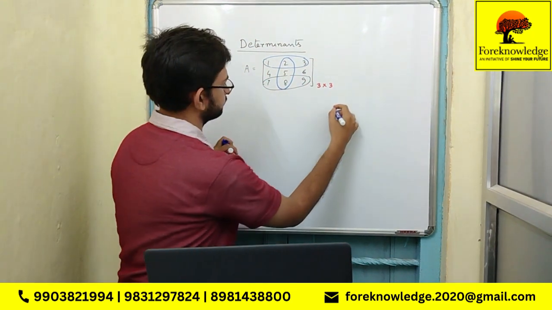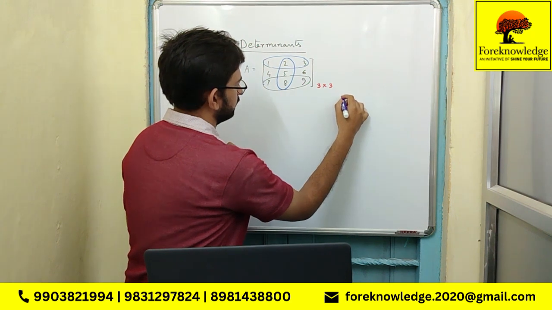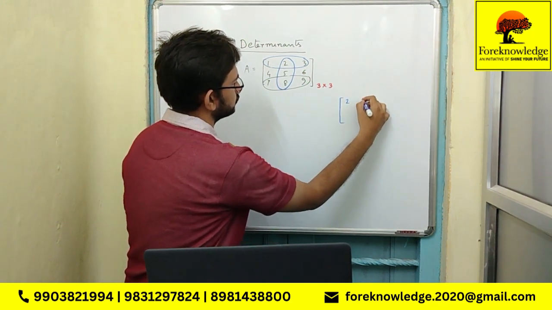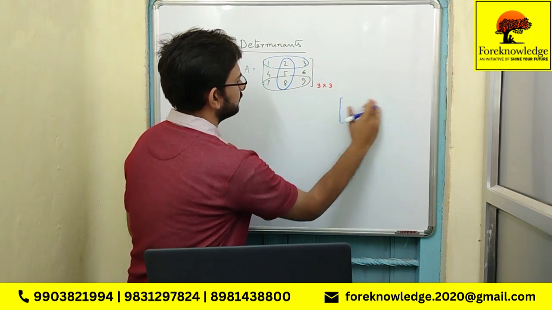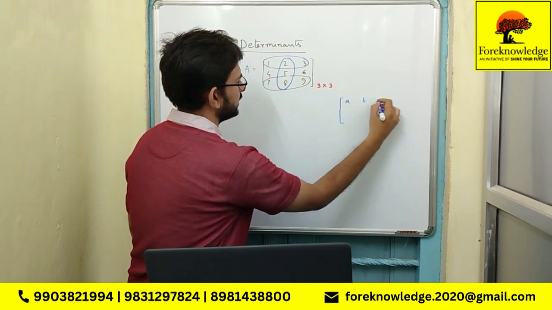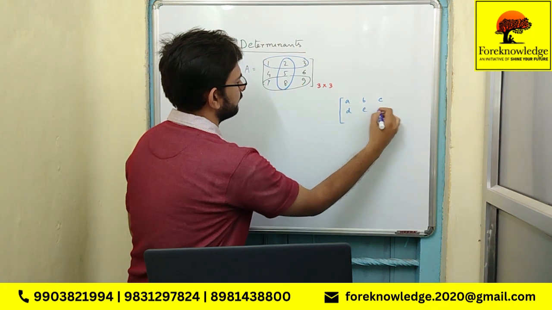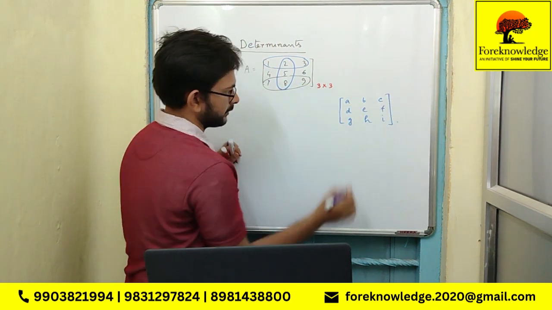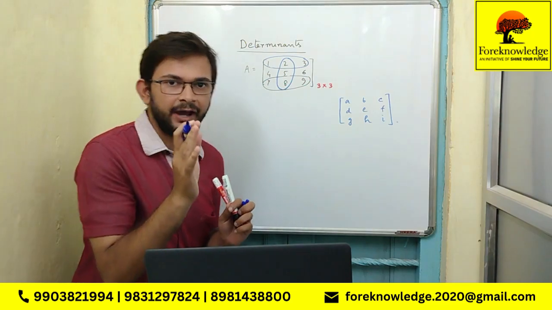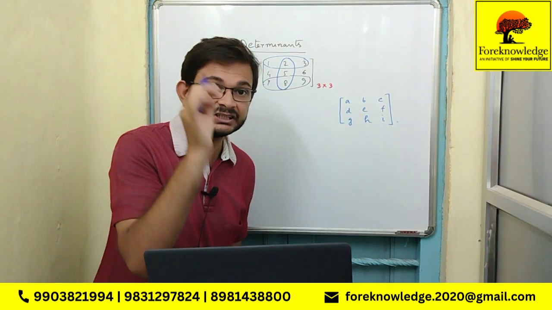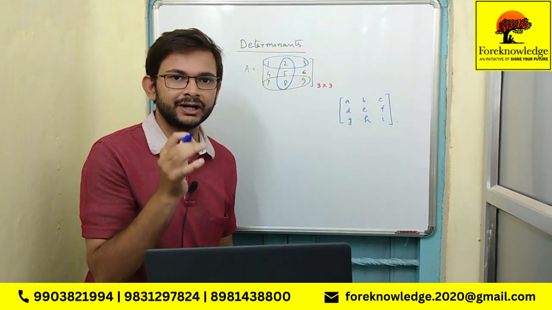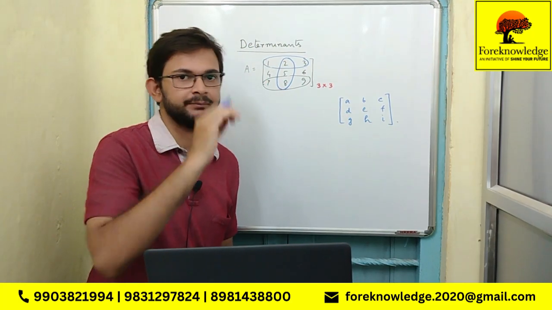Suppose there is this matrix A B C D E F G H I. We can find the cofactor of each and every element.